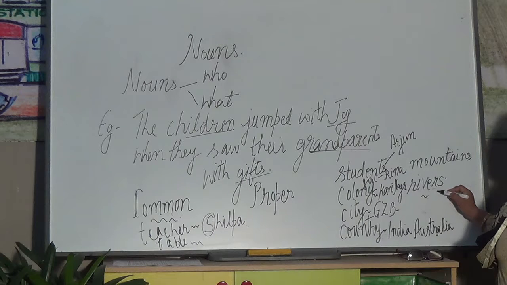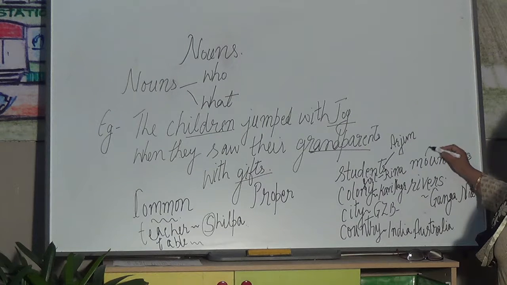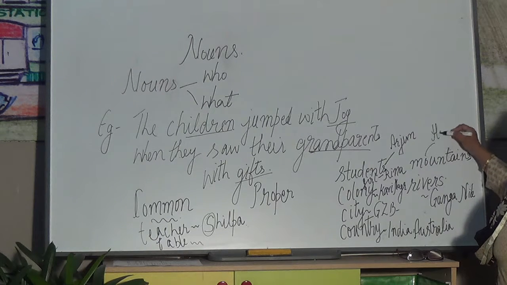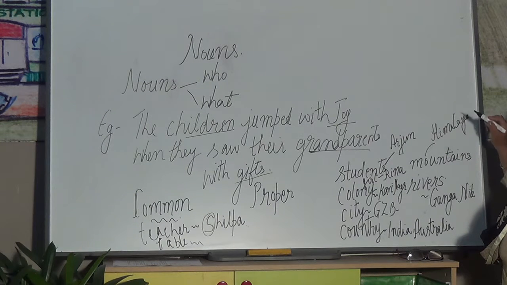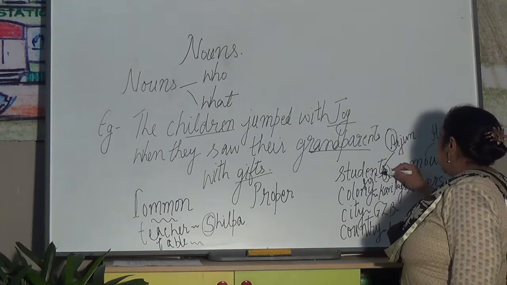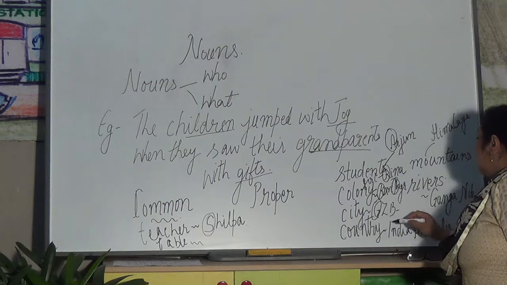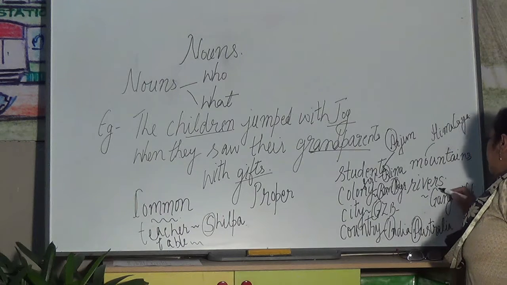A river can be Ganga or Nile, and names of mountains, Himalaya. Now, as you will notice, in each one of these, the first letter of the proper noun has been capitalized or written with a capital letter.